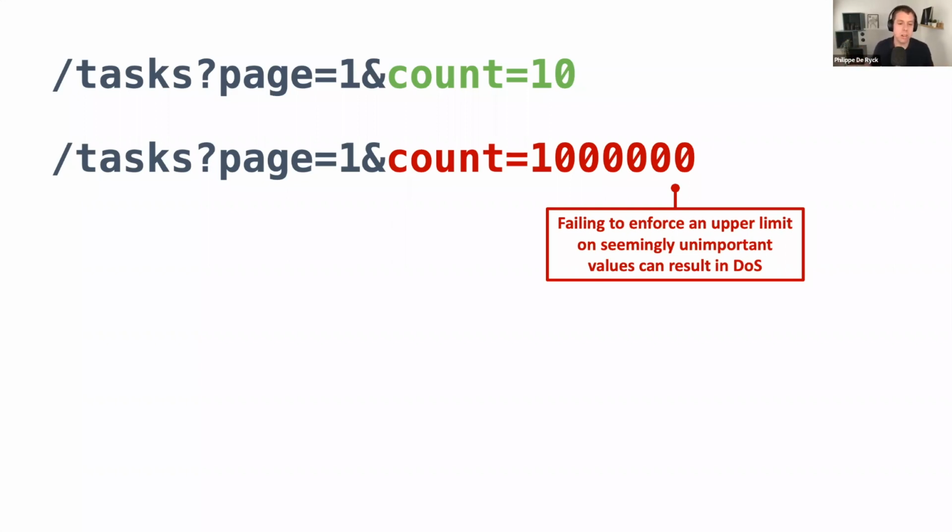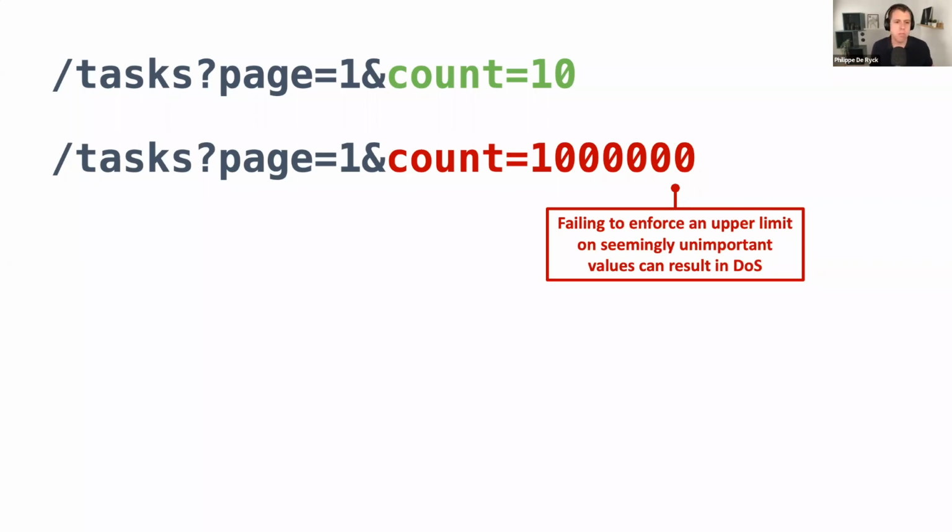That's a variation of denial of service with a single request. One request, so not something that you can easily stop with infrastructure level detection mechanisms, but something you can stop with input validation. What if we just limit that count value to 100? That would kind of solve our problem.